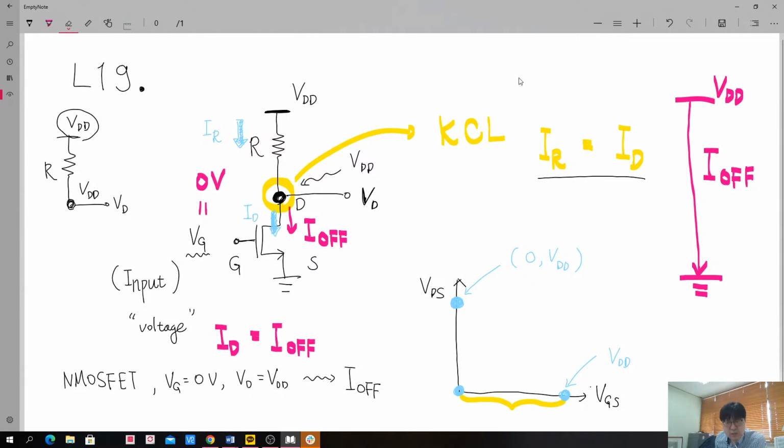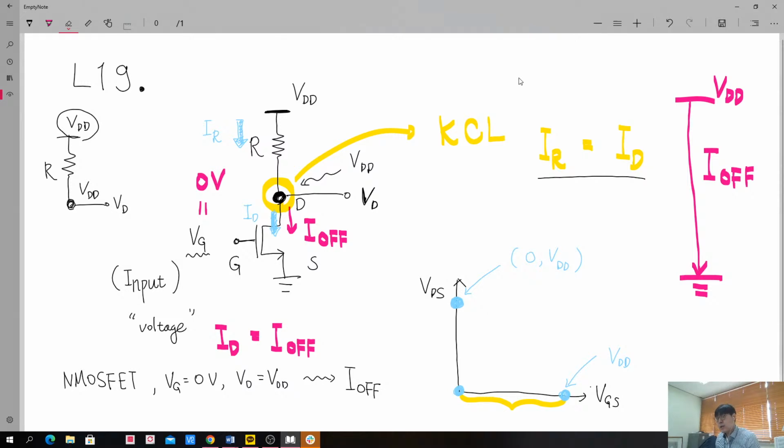If your transistor is completely turned off, then that power dissipation will not appear. But only because you have introduced imperfect devices which are not completely turned off, you have considerable power consumption.